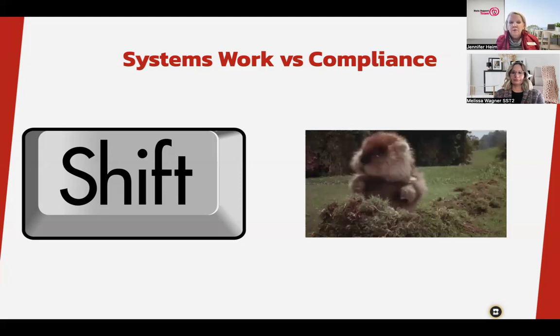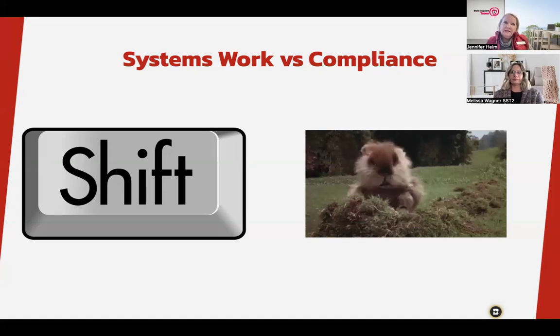But we have to shift that thinking a little bit. An indicator finding is just that: an indication that some part of a process or system needs to be tweaked or refined. So instead of thinking about profile activities as a compliance task, we encourage your team to see it as an opportunity to further refine your system or practice.